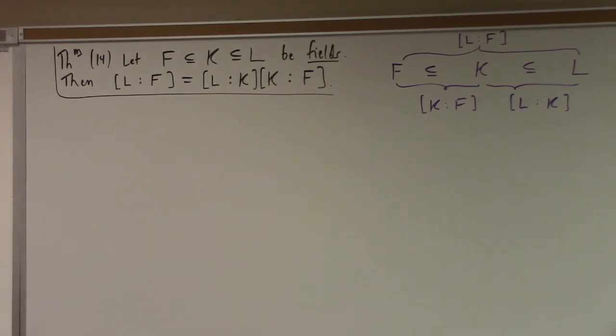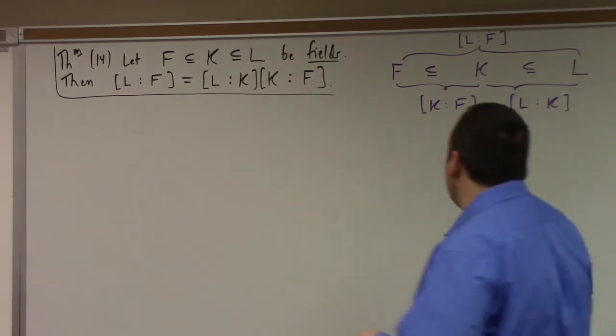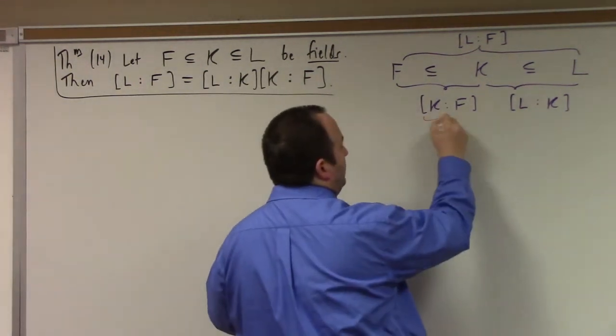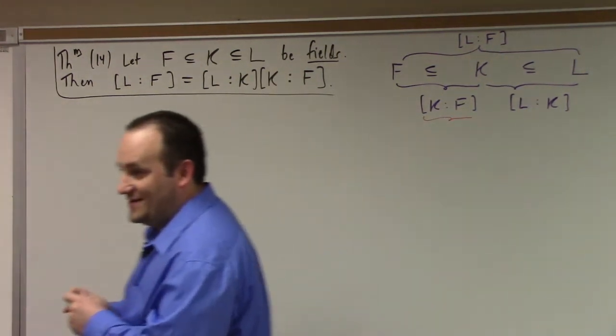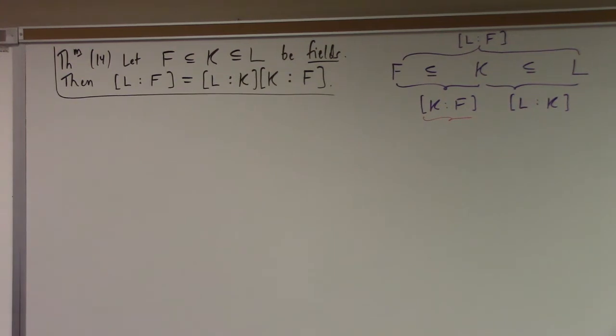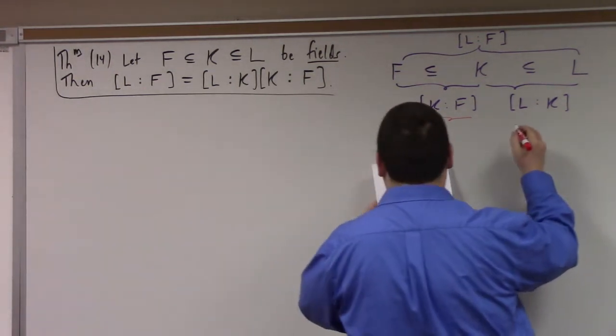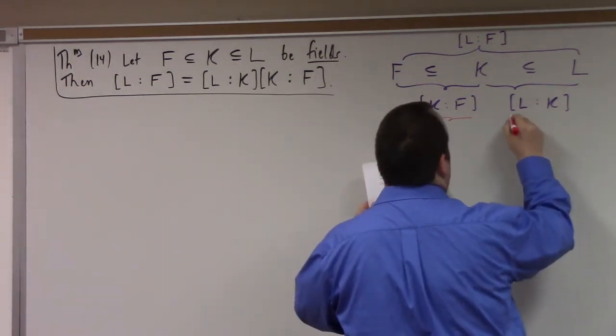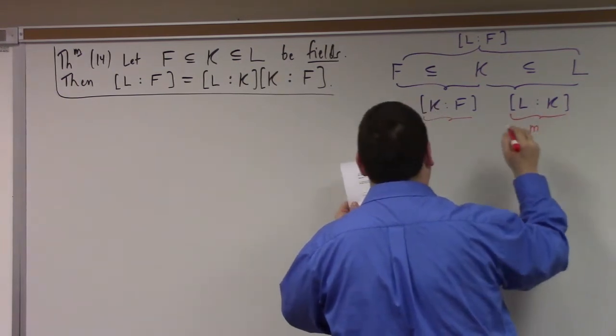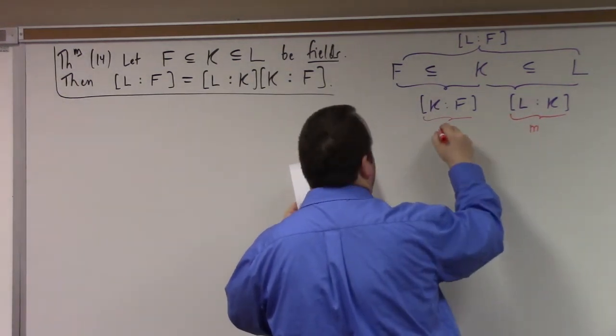And let me just introduce some notation. If the degree of K over F is, oh, let me be careful not to. He uses M and N in a specific way. Let me not be so unfortunate as to use them in exactly the opposite way. So L over K he calls M, as in mummy. K over F he calls N as in nenu nenu.